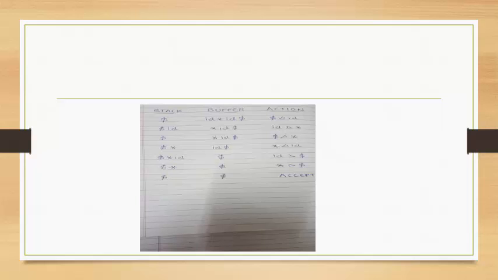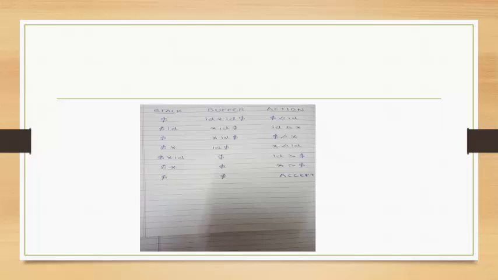Initially in the stack, the dollar symbol is present, and the buffer consists of the string followed by a dollar symbol in the end. The first action is to compare the dollar symbol with id, and the precedence of id is greater than dollar symbol, so id is added to the stack, and the buffer consists of the remaining symbols.